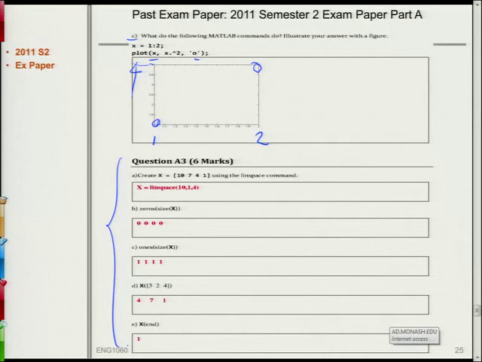So A, B, C, D, E, which one do you feel is confusing?